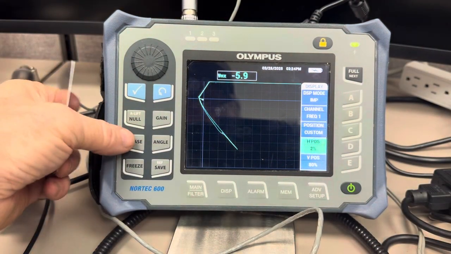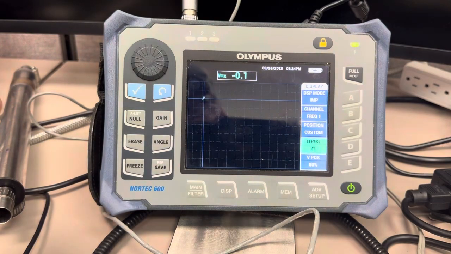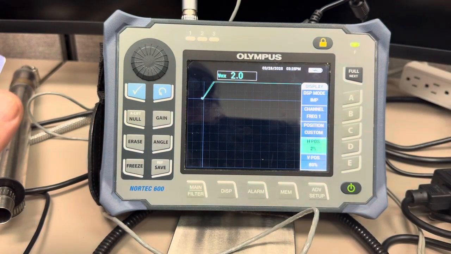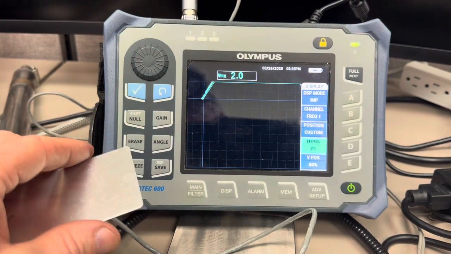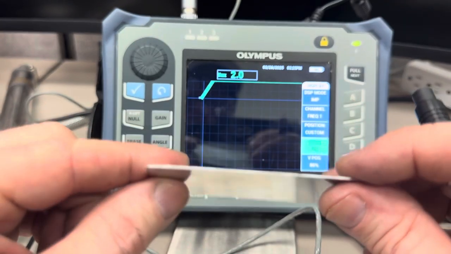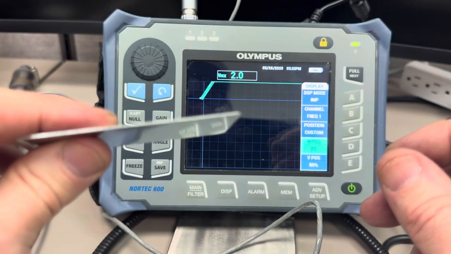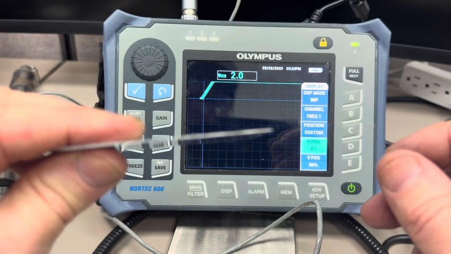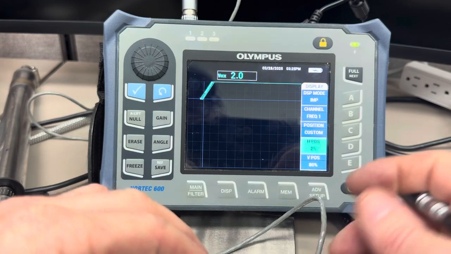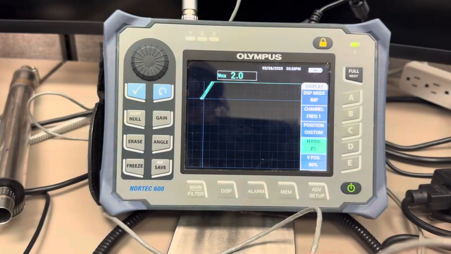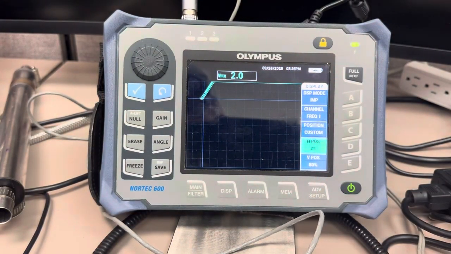First, I'm going to clear the screen. I'm going to touch my probe to carbon steel, which is going up and to the right. And I'm going to take a very thin sheet of aluminum. This is much thicker than aluminum foil, but it's less than 1 millimeter thick. I'm going to drop that on top of my carbon steel sample and watch what happens to the impedance point.